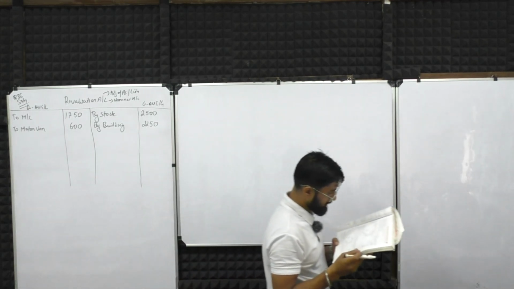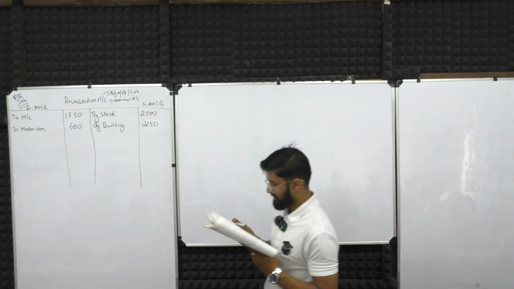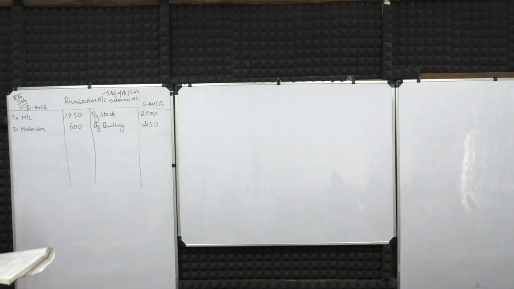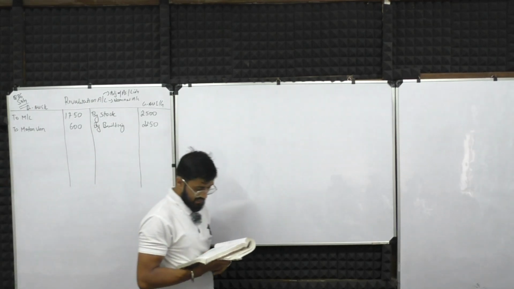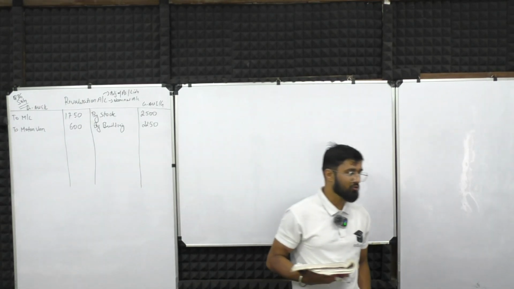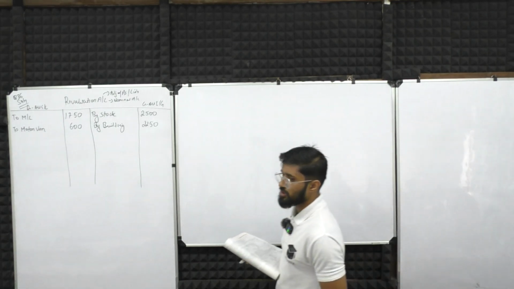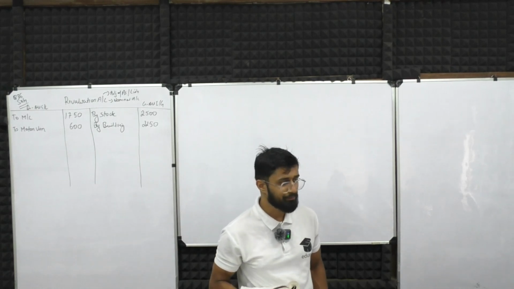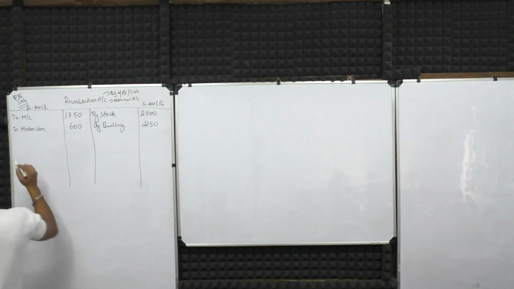Point D: the provision for doubtful debts to be increased by 975. Provision for doubtful debts is a future loss. The 975 increase is a loss, and a loss goes on the debit side.